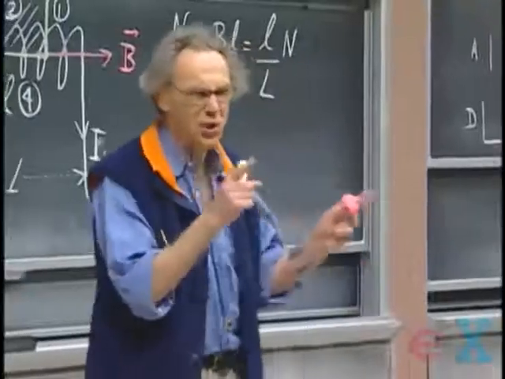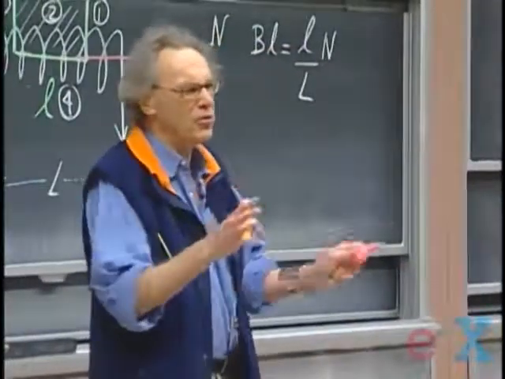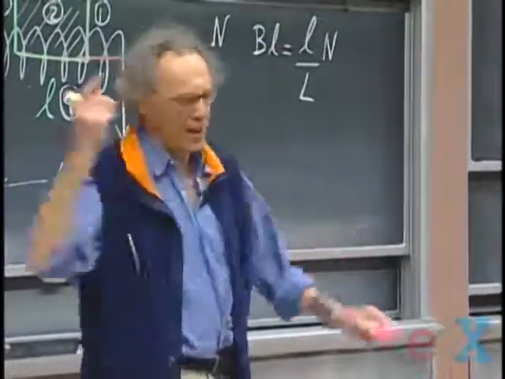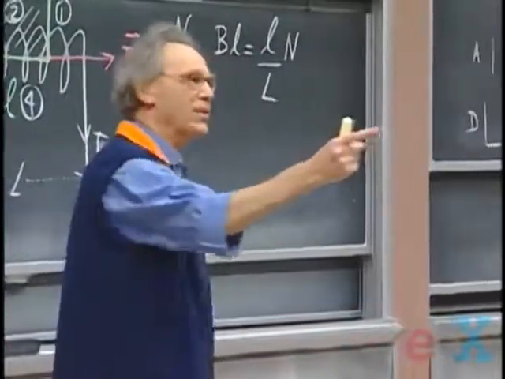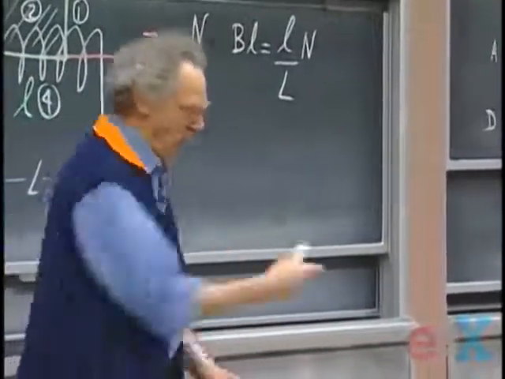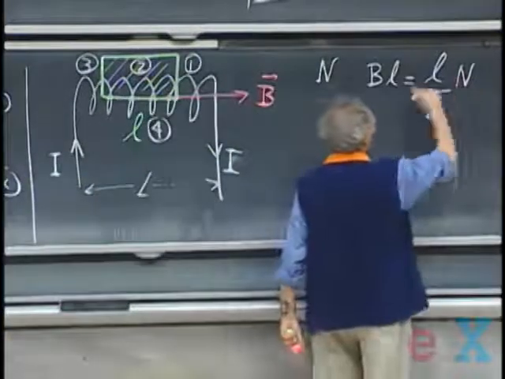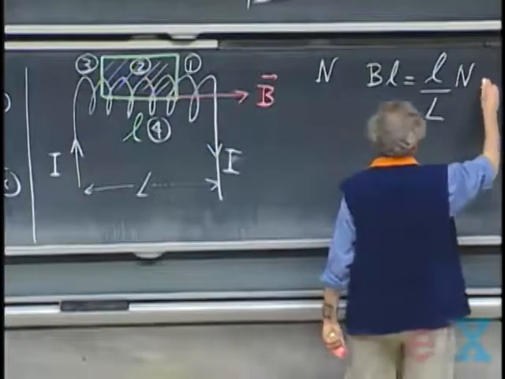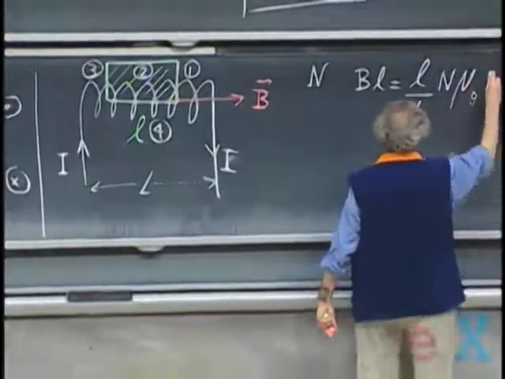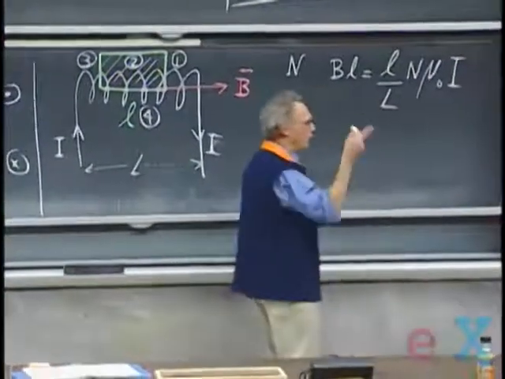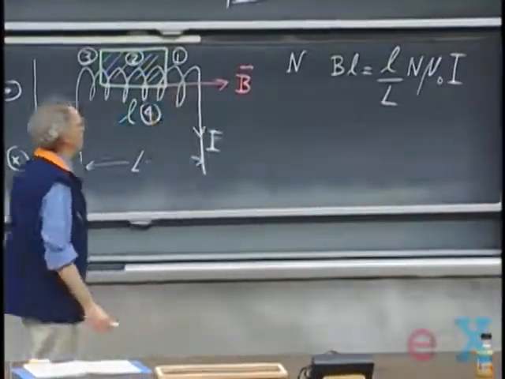Uniquely defined. I have a surface now. There is no such thing as I enclosed. There is I penetrate through that surface. It's a soap film, and I poke straight through it, and I do it so many times that I poke through it. And then I have to multiply this by mu 0, and then I have my I. Each time that it pokes through, I have current I.